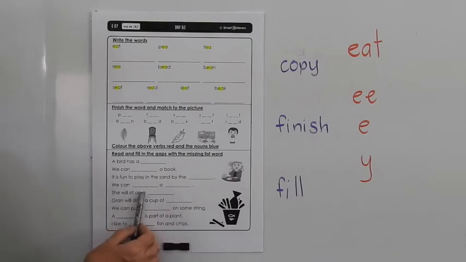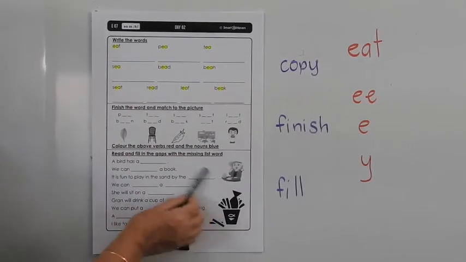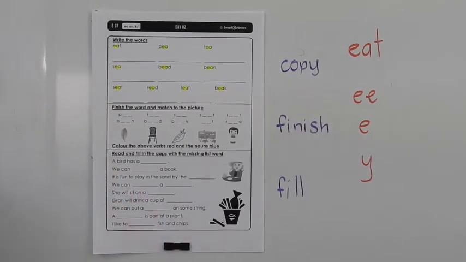She will sit on a Gran will drink a cup of. We can put on some string. Is part of a plant. I like to fish and chips. So you're going to use these words up here to finish these sentences down here. Off you go.